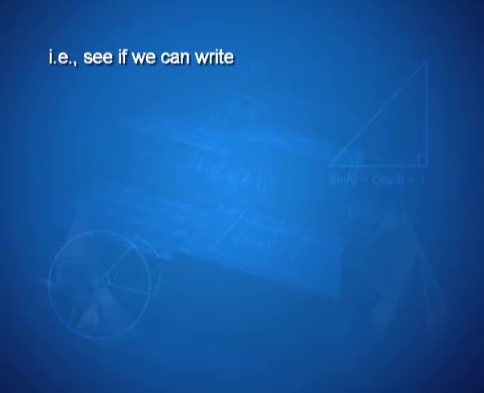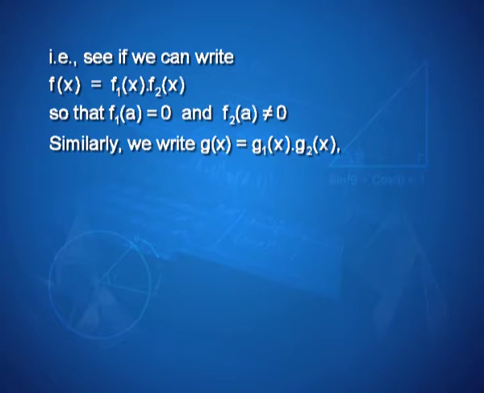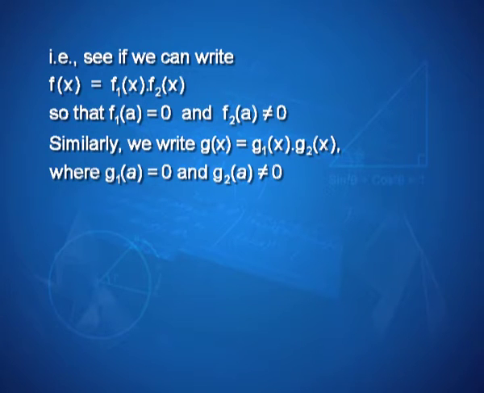That is, see if we can write f of x is equal to f1 x into f2 x, so that f1 a is equal to 0 and f2 a is not equal to 0. Similarly, we write g of x is equal to g1 x into g2 x, where g1 a is equal to 0 and g2 a is not equal to 0.